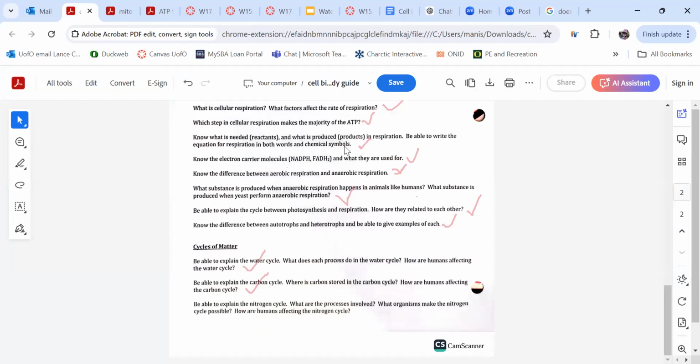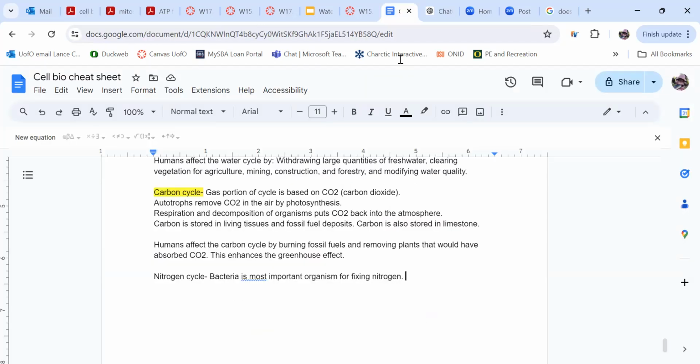How are humans affecting the nitrogen cycle? Humans affect the nitrogen cycle by... there was a note that I wrote down because he said it, and I was like, ooh, I'm gonna write that down so I could share it with the class.